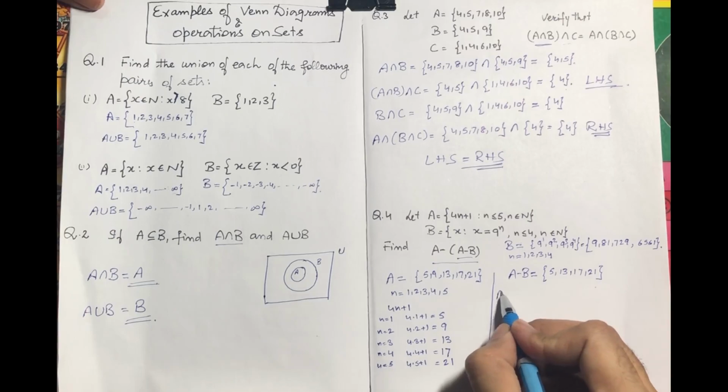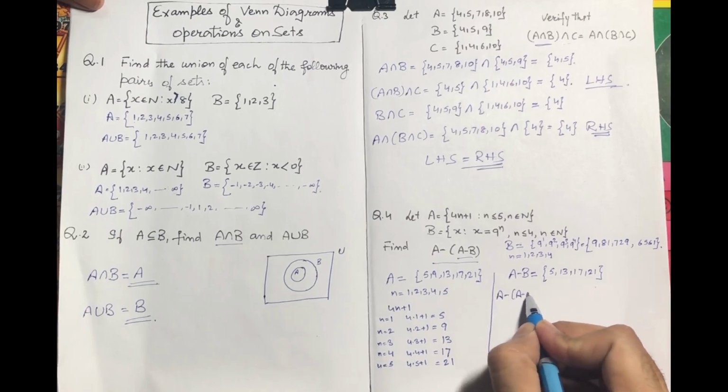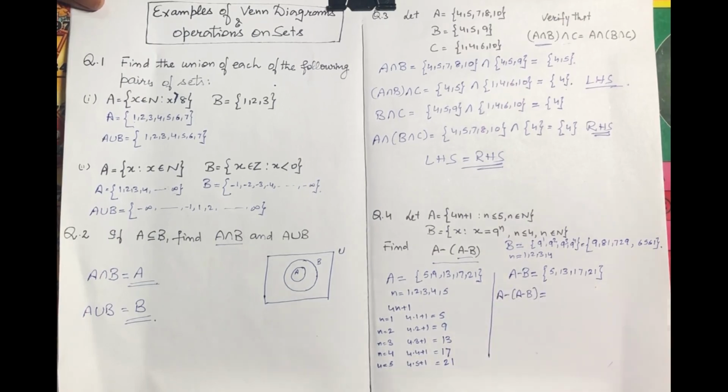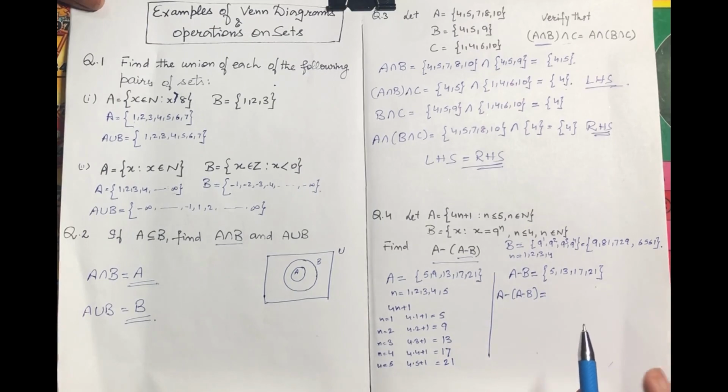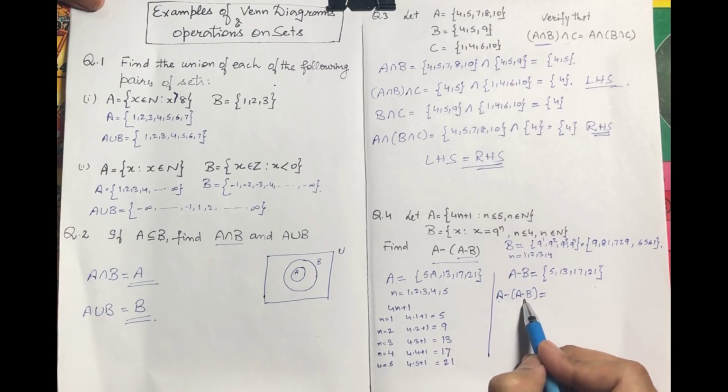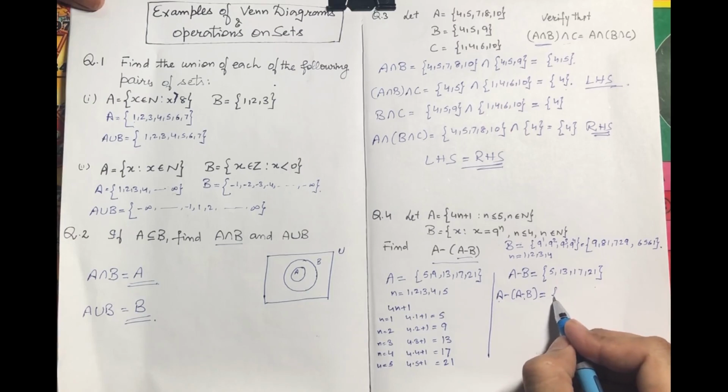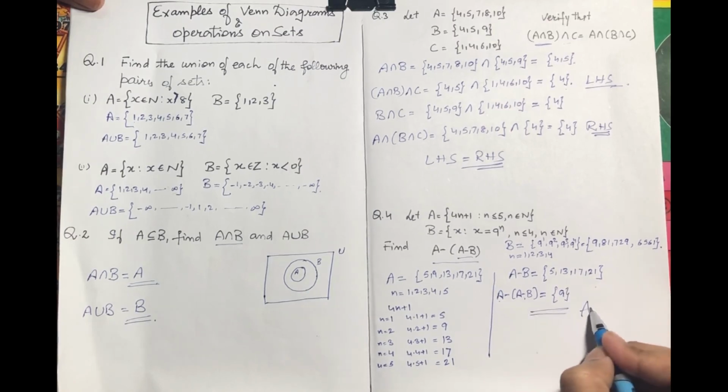Now next, B minus A. Again, element of B which is not in this set. Just understand this carefully. Element of this set which is not in this set. What is that? Only element 9. Answer.